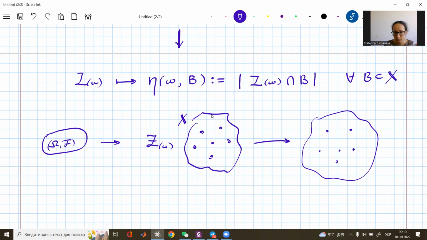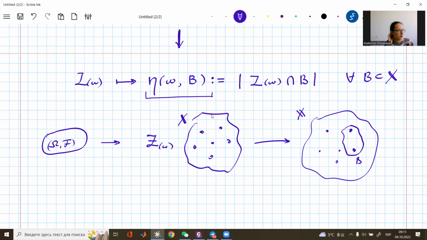So I take any subset B, and I count the number of points that belong to this set B. And you can see that if I have this set of values eta, then I can say everything about the configuration of points in X.